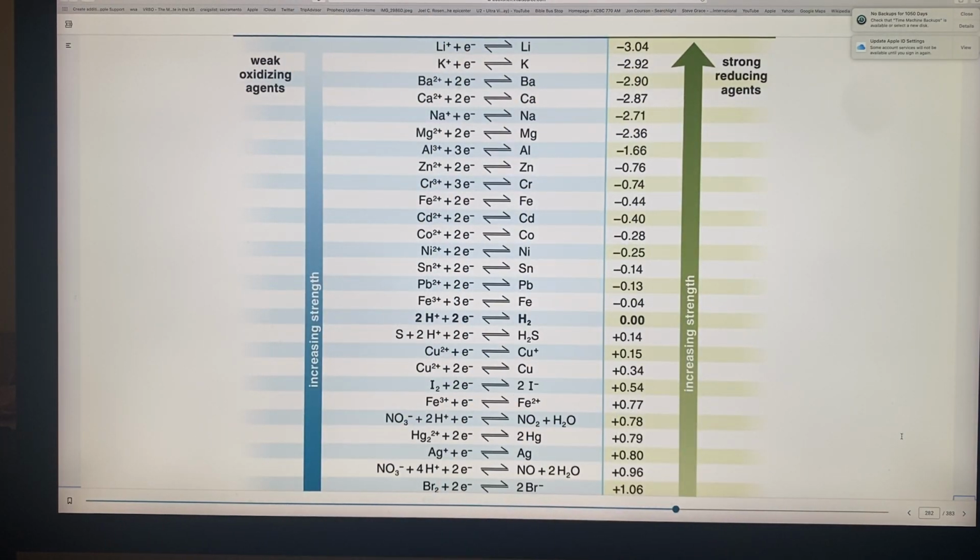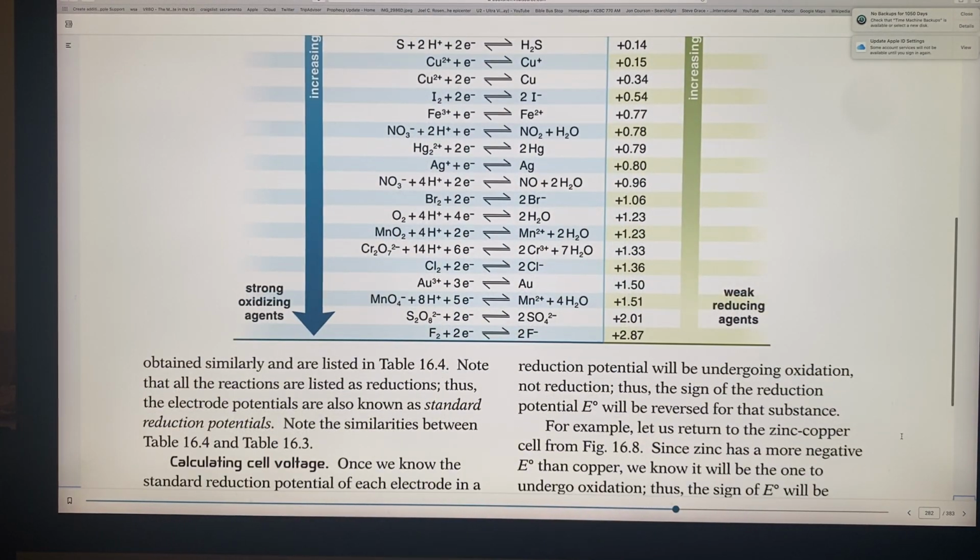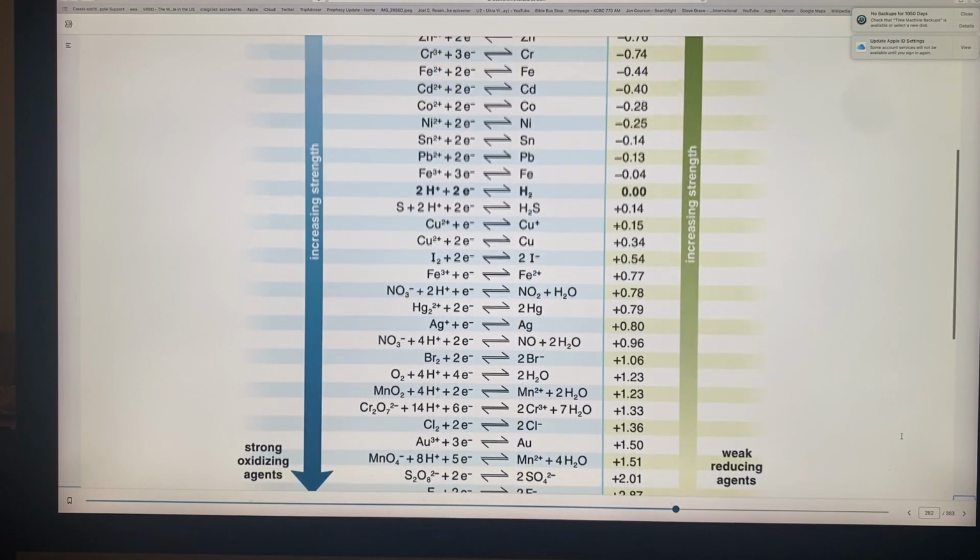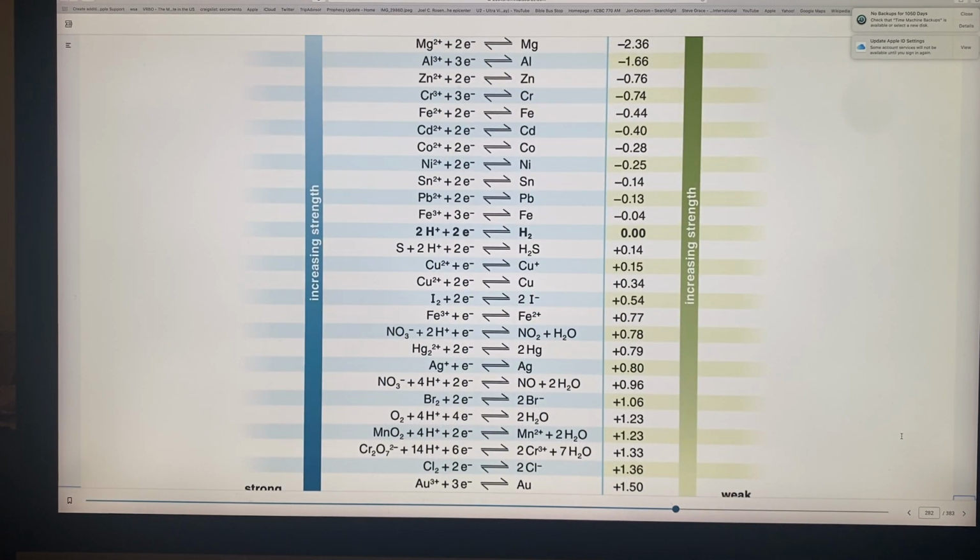Because then we can predict what metals we want to use in our batteries. They use a variety of different kinds of metals in batteries, that is for sure. And so we can predict the overall voltage of the cell, how much electricity is going to flow through that cell, from the two different metals and their potentials.